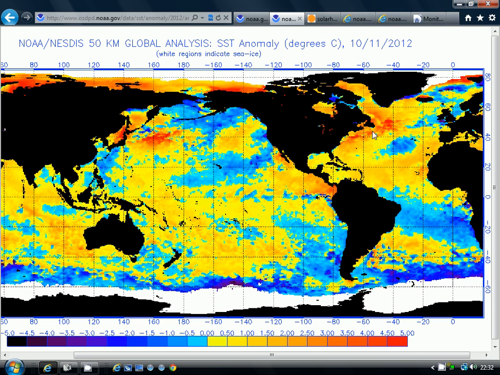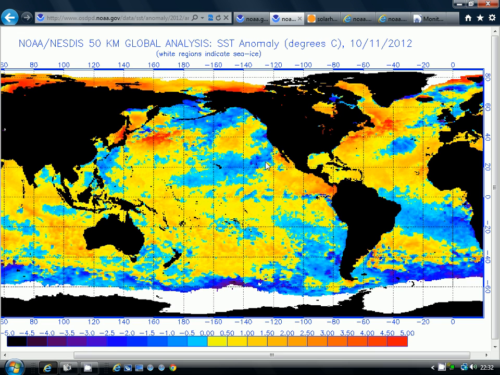So yes, we've still got warm, colder, not cold, but colder and warm bands once again. This warm area here up around to the south of Greenland around Newfoundland is the warm AMO. The Atlantic multi-decadal oscillation is warm at the moment. It has been warm since the mid-1990s. It'll stay warm probably for another 10 or 15 years perhaps before it then swings to its cold phase.